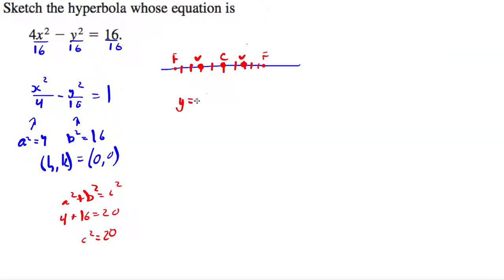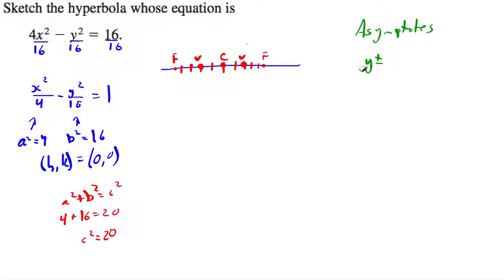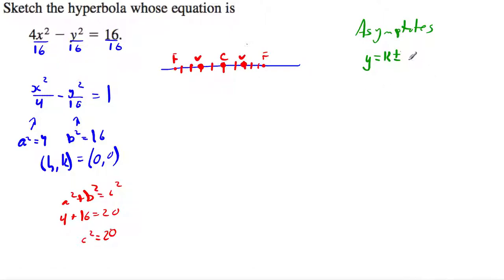So to find the asymptotes, y equals k plus or minus b divided by a times x minus h.